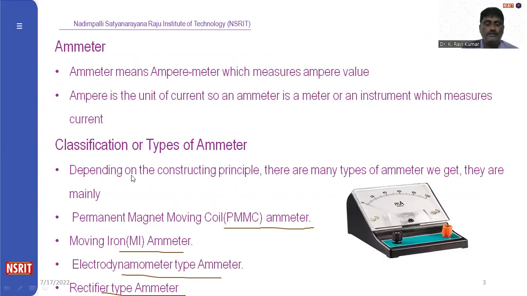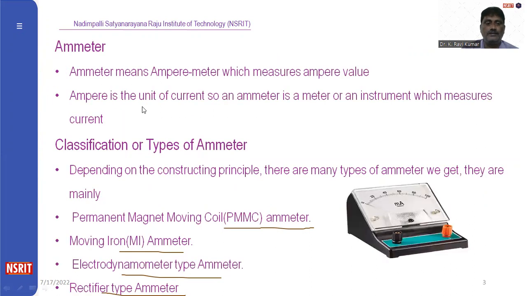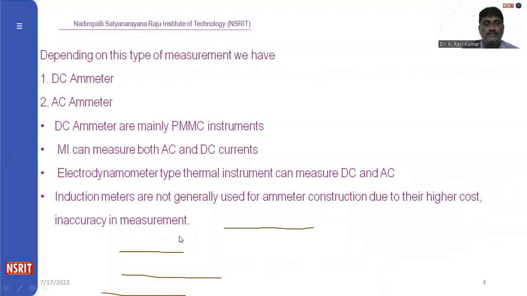We have DC ammeters as well as AC ammeters. In DC ammeters as well as AC ammeters, we use different types, that is the permanent magnet moving coil or moving iron type. Different types of construction are used in a DC ammeter, and different types of construction are used in an AC ammeter.